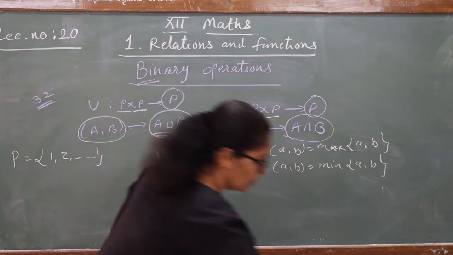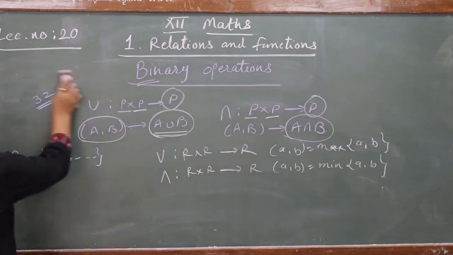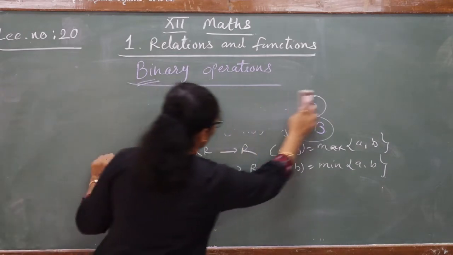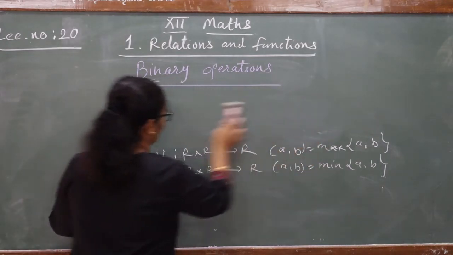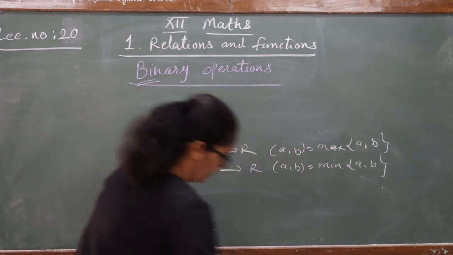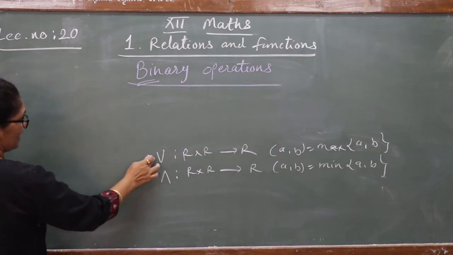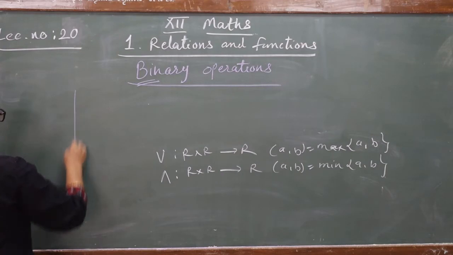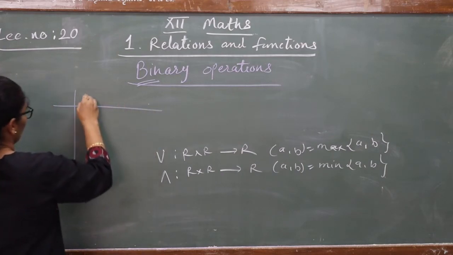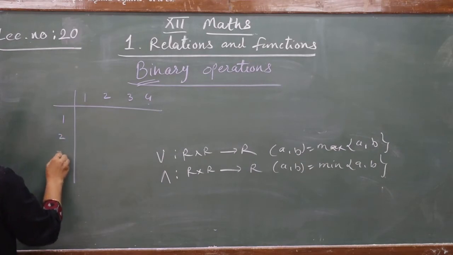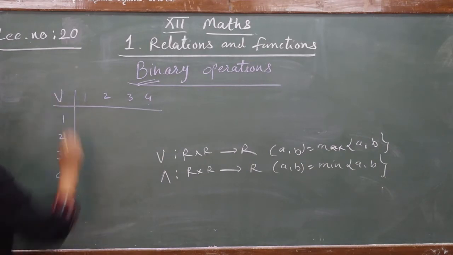Now let's take one simple example for this. We are taking a short sum, in which we are not taking all real numbers, but only a few real numbers. Suppose for the maximum we are taking real numbers 1 to 4. So I make a table for it, it will be more clear to you.